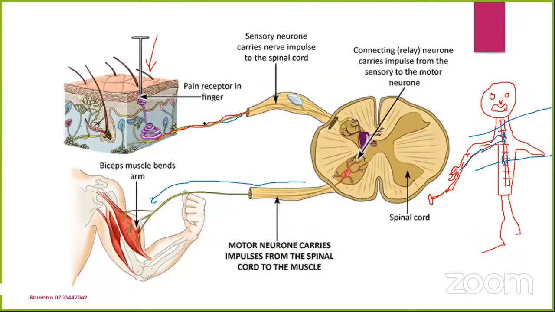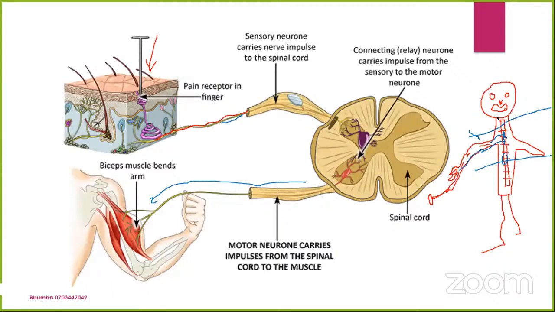So we have looked at these nerves and how they transport, but generally, this is what happens inside you. Of course, the central nervous system is made up of the brain and spinal cord. For some of these reflexes, you don't first think. For you to withdraw the hand from a hot object or a pin, you don't first think about it.